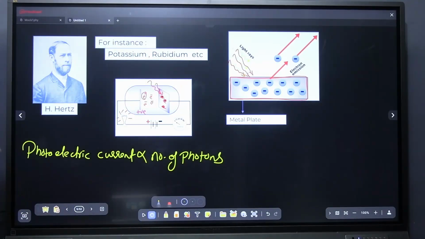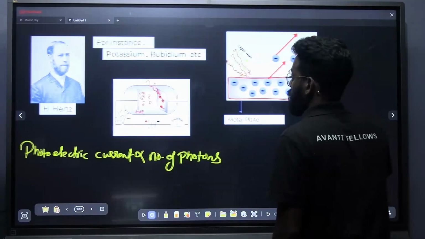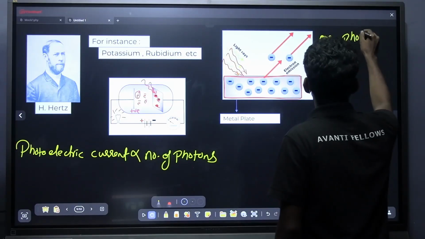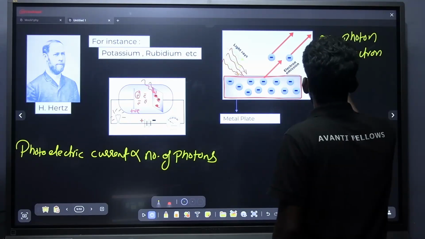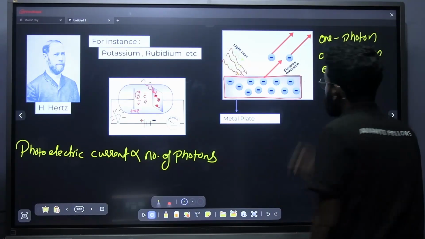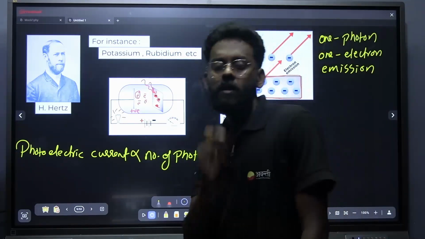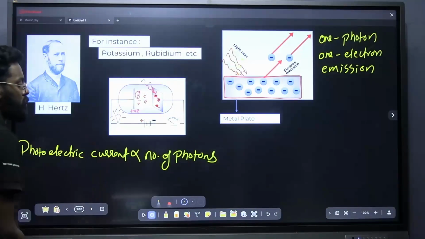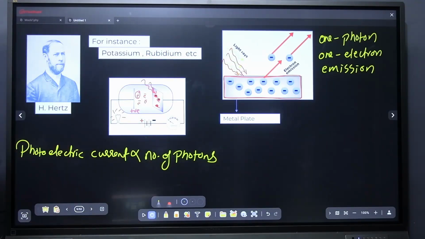Photoelectric current is directly proportional to the number of photons, because the photoelectric effect is one photon, one electron emission, which means a single photon can emit only one electron. If I have n number of photons, then n number of electrons will be ejected. If n electrons are ejected, we will get more photoelectric current.